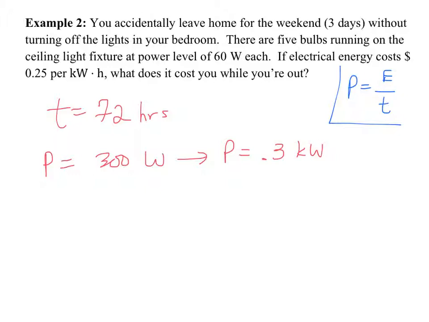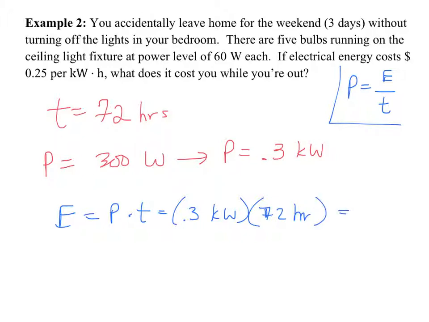So you have to look back and think about this formula right here. If I want the energy, solve for energy. Energy is power times time. So 0.3 kilowatts times 72 hours gives me 21.6, and my units are just kilowatt hours.